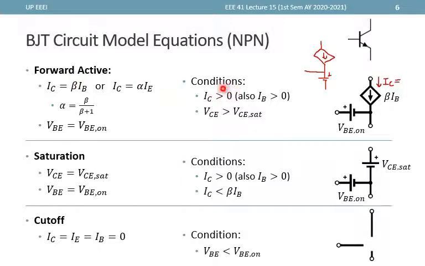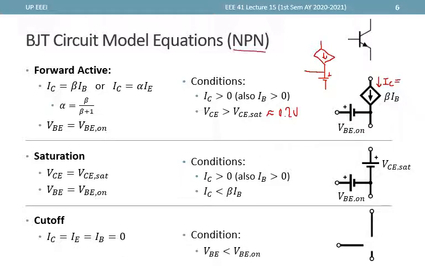So we can still check these conditions just by checking the sign of IC. Now for VCE, we must check and verify that VCE is greater than VCE sat for NPN. Again, VCE sat is normally approximately 0.2 for silicon BJTs.